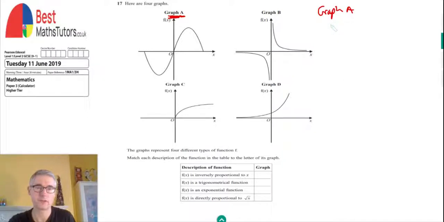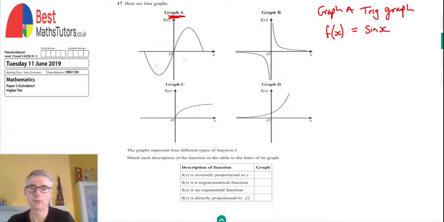So this is a trigonometric graph, a trig graph, and this would be f of x. So f of x is like our y-axis here, and it's standing for a function of x. So it's very similar to saying y equals something. In this case, f of x is sine x.